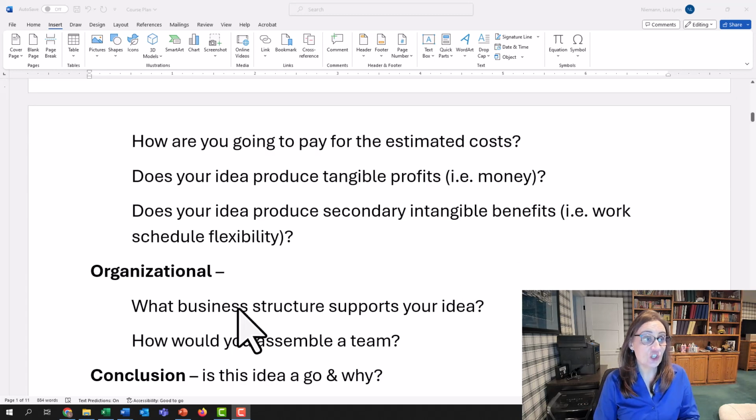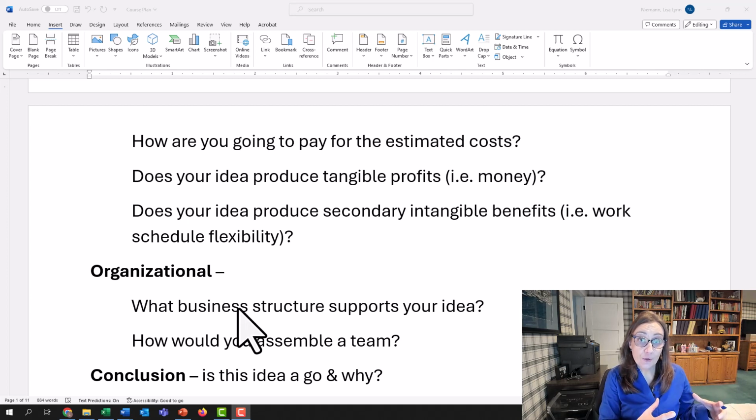Then the last section is an organizational section. What business structure supports your idea? And how do you assemble a team? And then the last week is week 8, where you're going to put this all together. You're going to take your rough drafts that you have done throughout the last 7 weeks, include my grading comments and suggestions, and improve those sections.